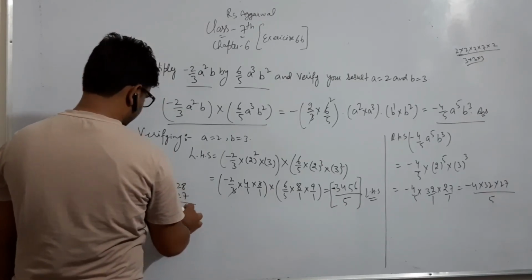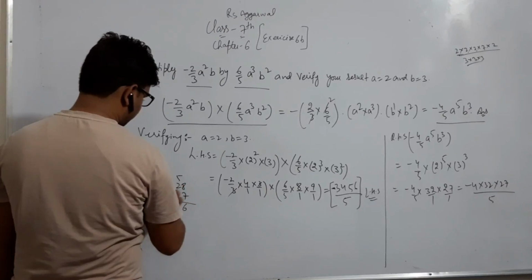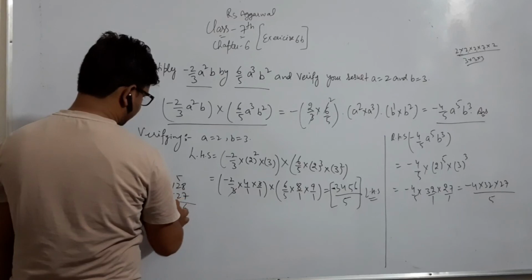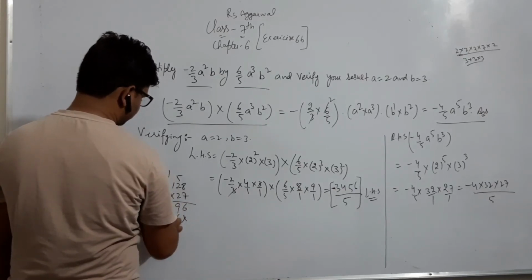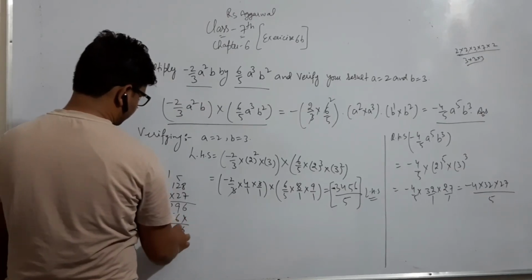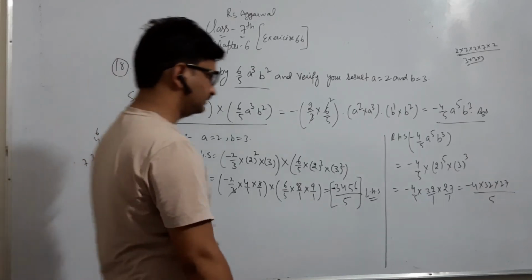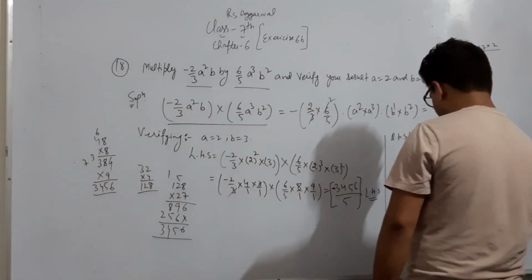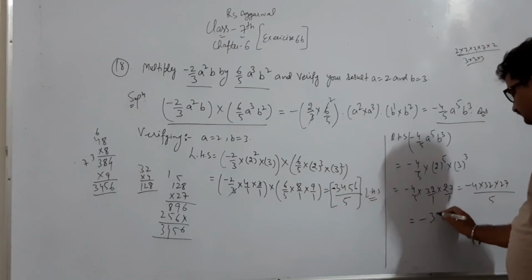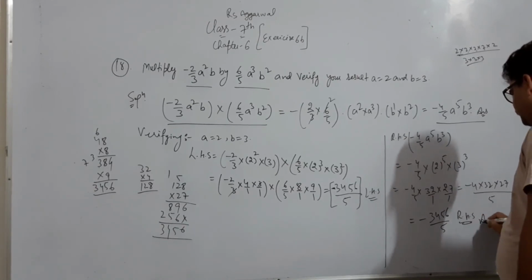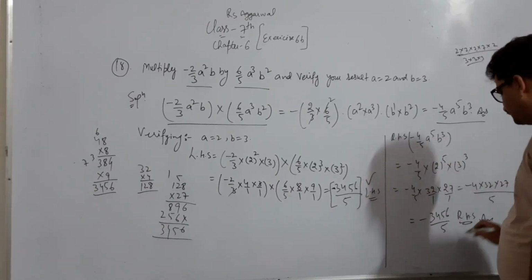In the numerator we get minus 3456 upon 5. So this is the right hand side. Hence we prove that the left hand side is equal to the right hand side.